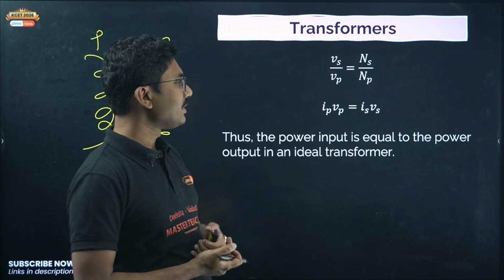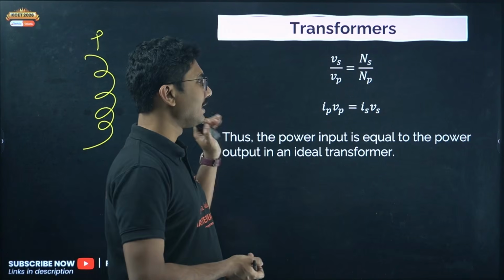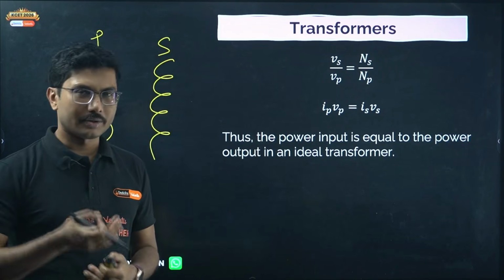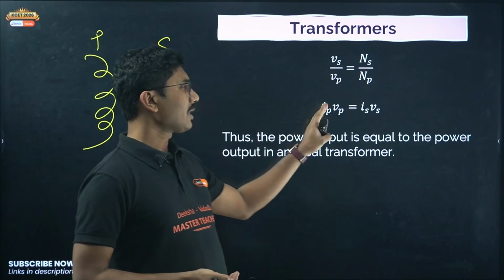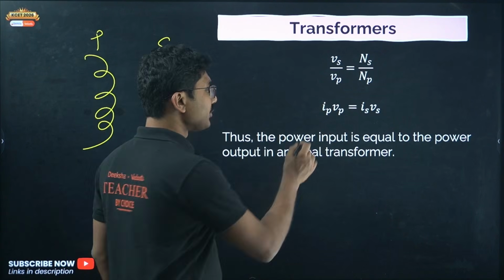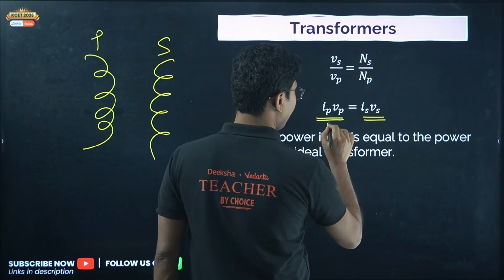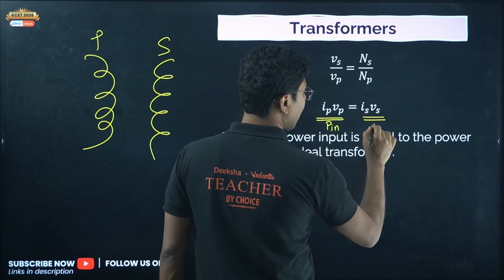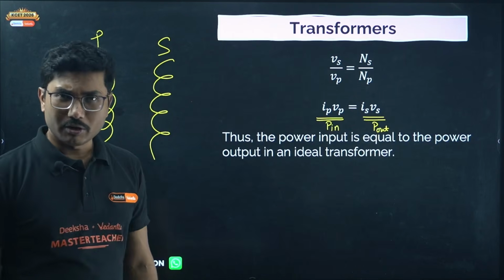The power input is equal to the power output in an ideal transformer. Okay, for your KCET level, this is sufficient. Efficiency of a transformer is generally not there. So power input equals power output. This is power in, this is power out. So in an ideal transformer, power in is always equal to power out.